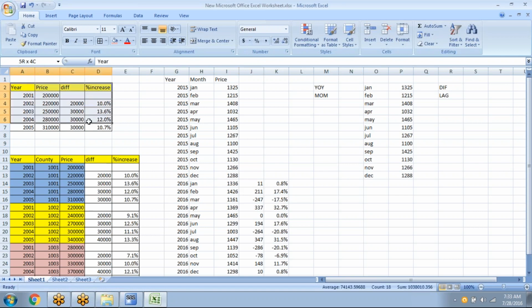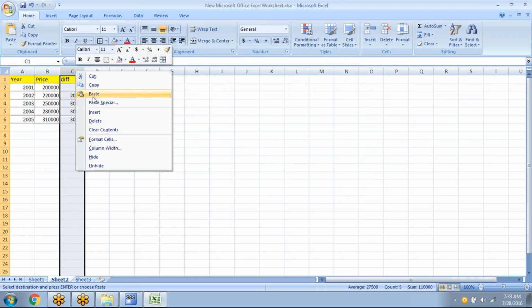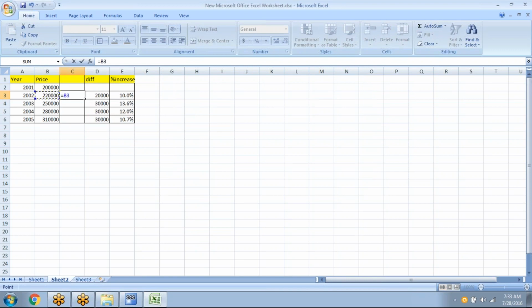Let me come back one by one. How did I get this 20,000? So if I have the previous record value or previous observation value here, I can find the difference, right?